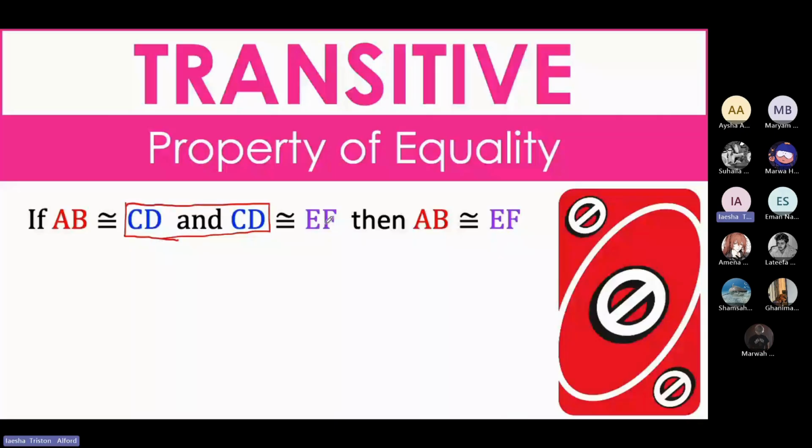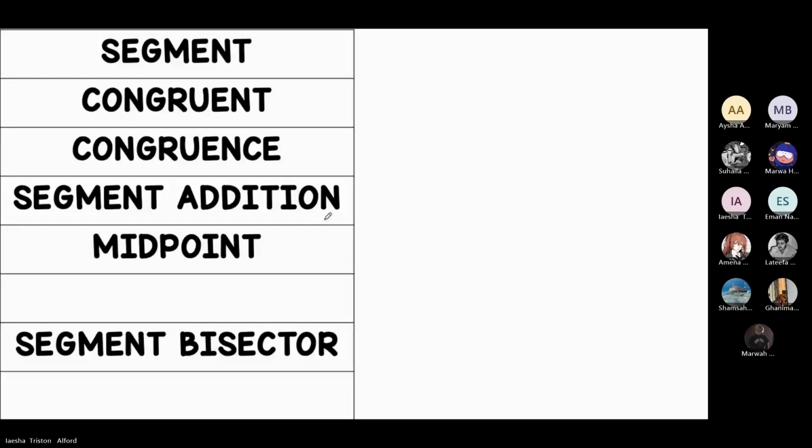Everybody's okay with the first section of vocab? All right. Second section of the vocabulary is going to be some words about segments. So a segment is going to be part of a line. So remember, if you see that word, they are referring to part of a line.